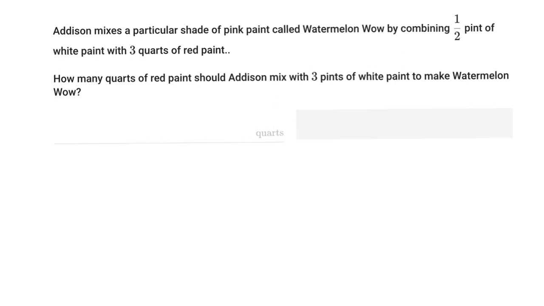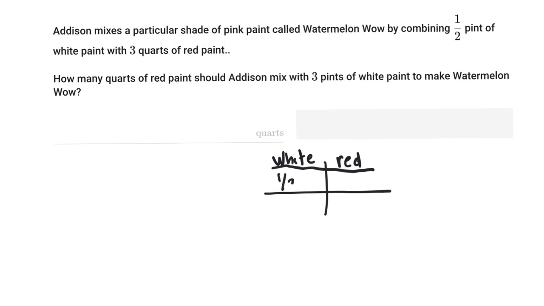Okay, I am going to set up a table here. The variables in our table are white paint and red paint. In the original problem, it says we have half a pint of white paint, so I'm going to put 1/2 a pint of white with 3 quarts of red. And then the question is saying, so let's see, I'm going to highlight those.